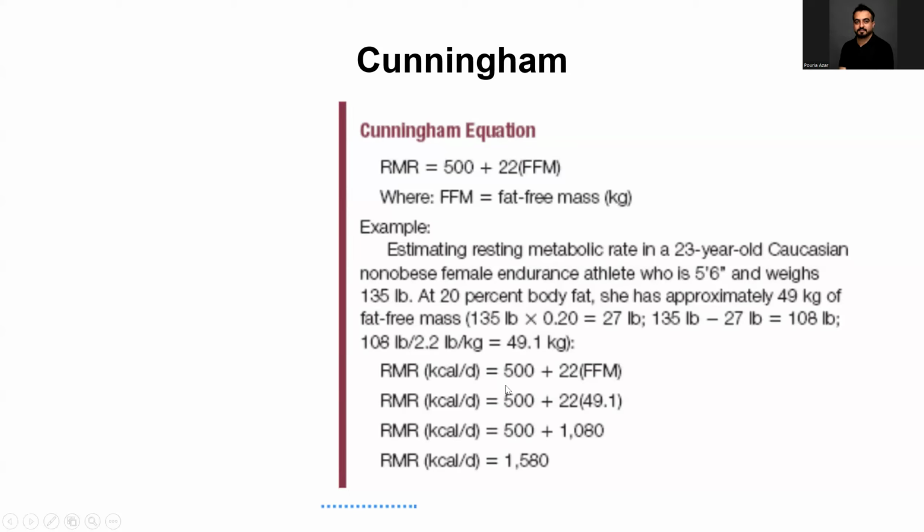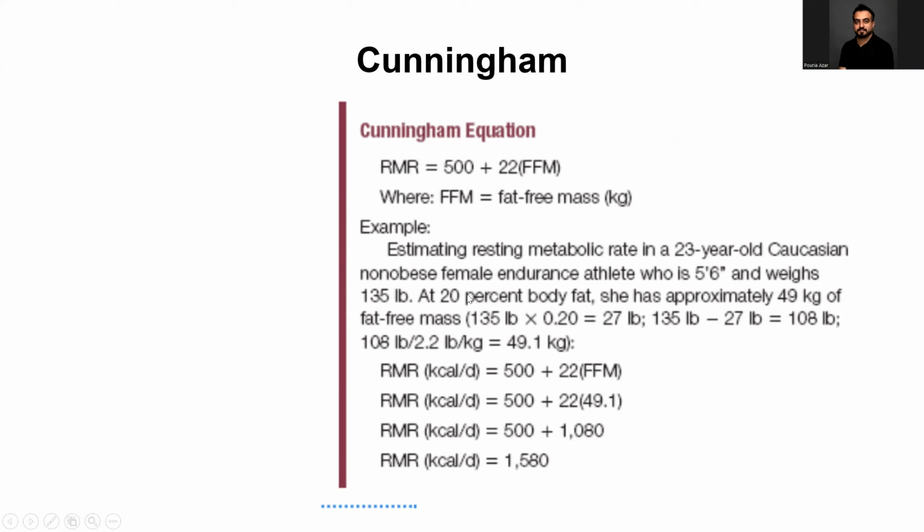For example, we have an example here. Estimating resting metabolic rate in a 23-year-old Caucasian non-obese female endurance athlete who is 5 feet 6 inches and weighs 135 pounds at 20% body fat. So she has 20% body fat.